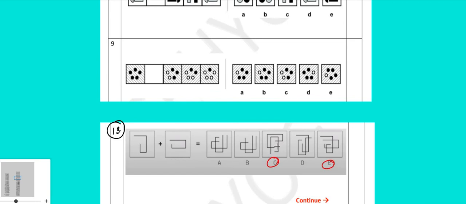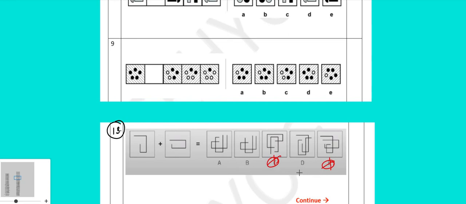But here 1, 2, 3, 4 and 1, 2, 3, 4, 5. There are 9 lines in C, therefore no. And so in E as well. 1, 2, 3, 4, 5, 1, 2, 3, 4. So we have 9 lines here. So therefore we strike off C and E.